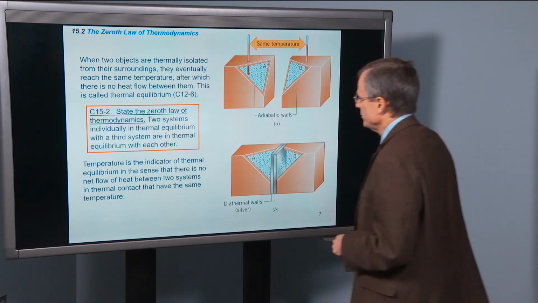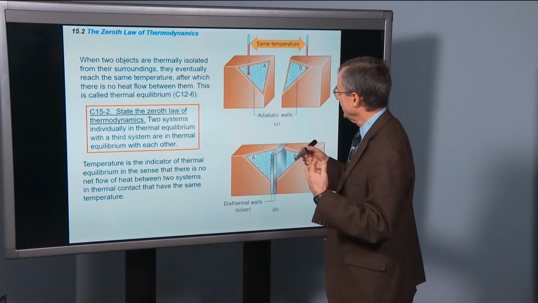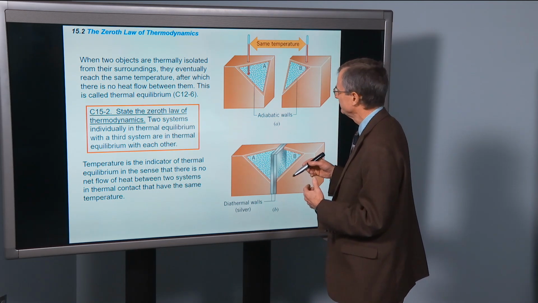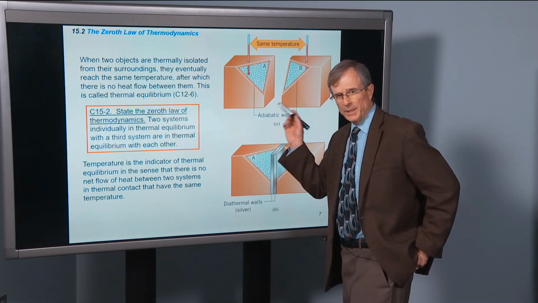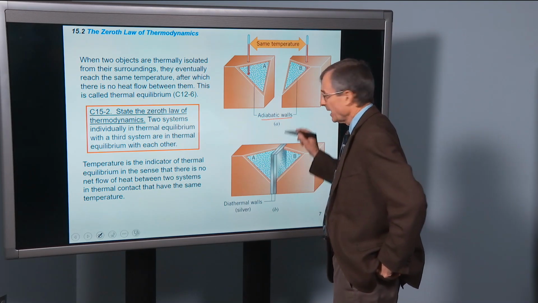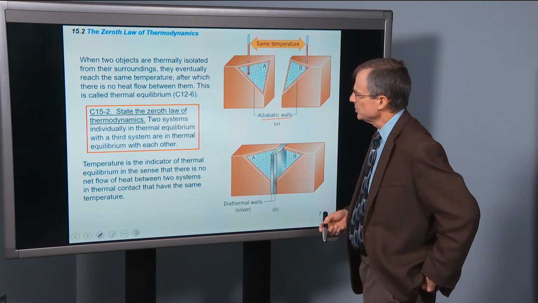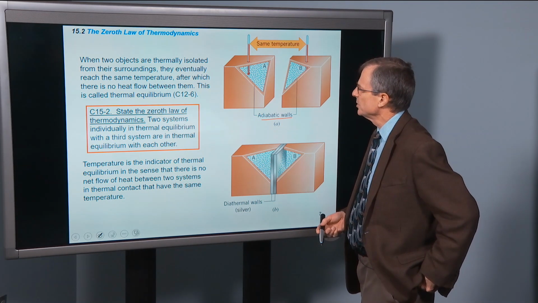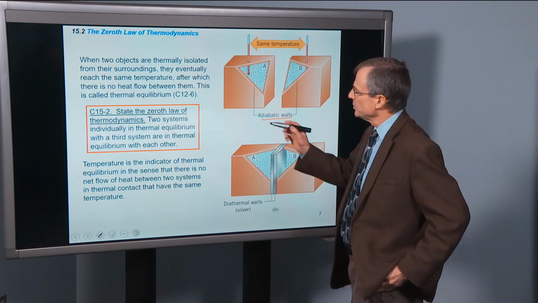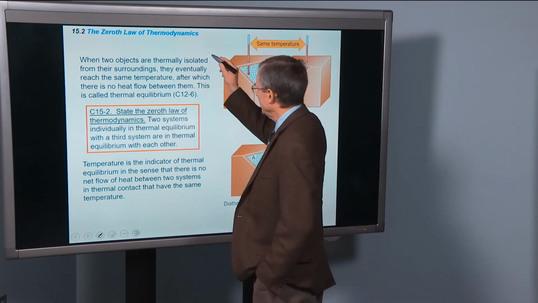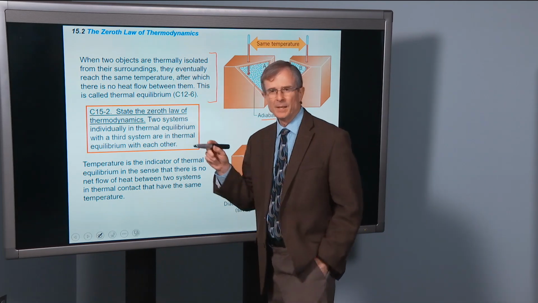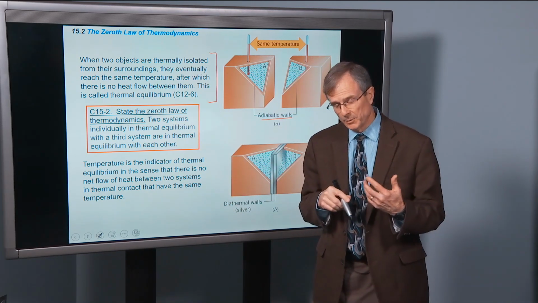When 2 objects are thermally isolated from their surroundings, so thermally isolated means that we have adiabatic walls, like we talked about, no heat in or out. This is actually a repeat of the idea of thermal equilibrium.